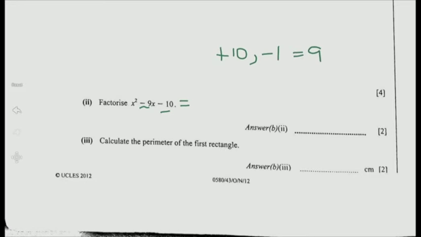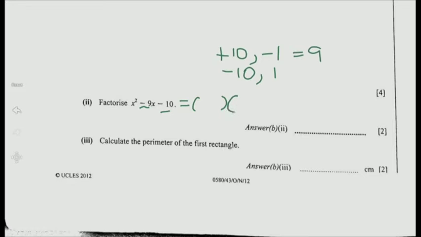But looking at our case here, when doing the addition, we should get negative 9. So you should see that your 10 should be negative and your 1 should be positive. So multiplying, you get negative 10, and then the sum there, negative 9, right?